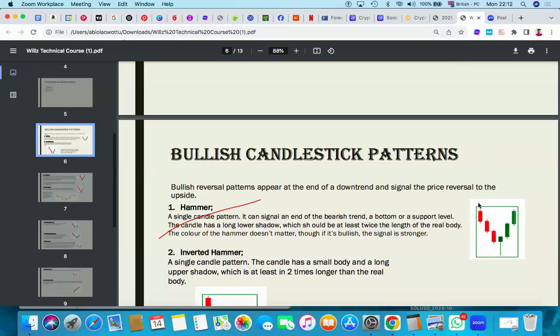Tolu, please go ahead, you can unmute. Okay, more light on the hammer. Yeah, definitely.